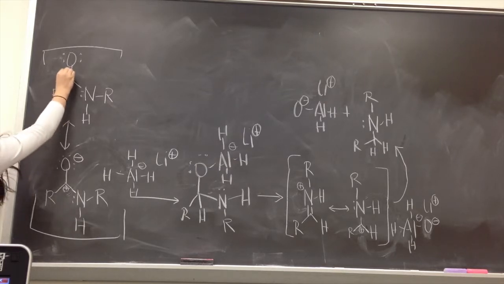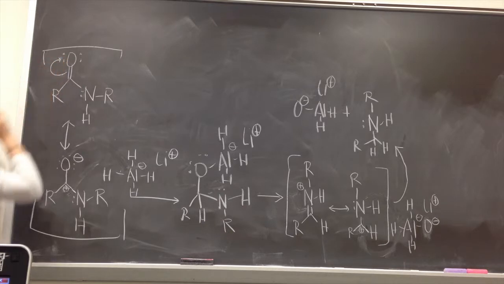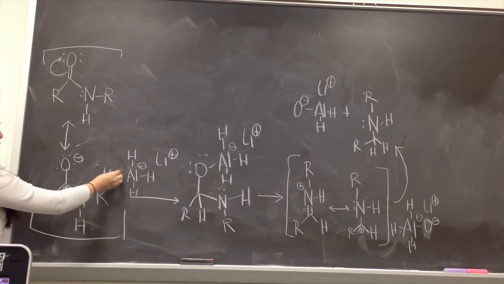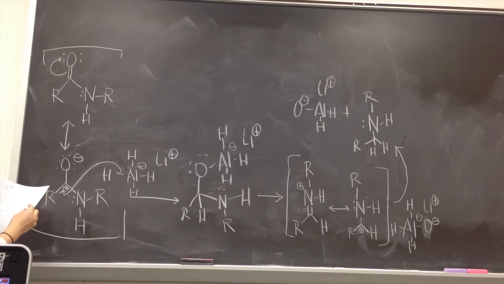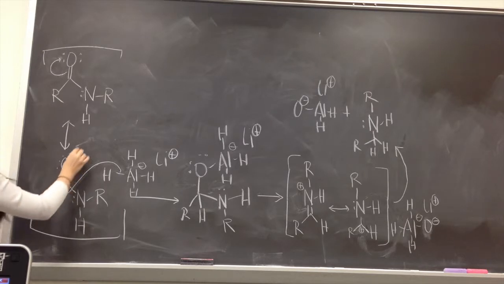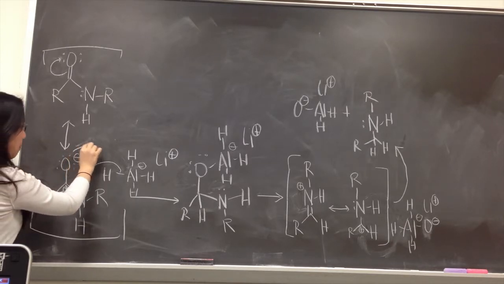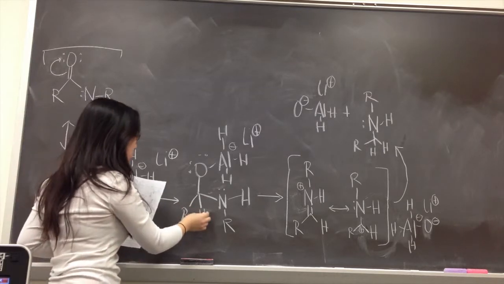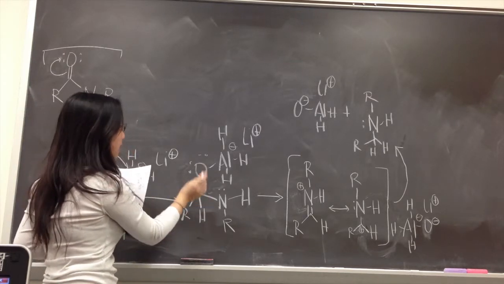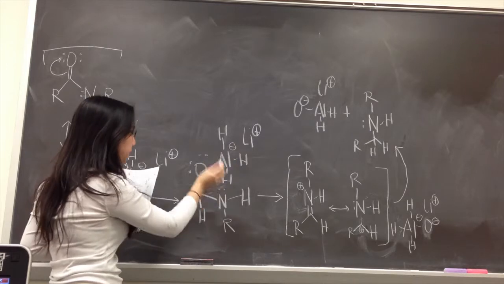If we push this bond onto the oxygen, we get a negatively charged oxygen and a carbocation. A hydrogen bond from LAH will come and bind to the carbocation, and the negatively charged oxygen will bind to the aluminum, resulting in the structure where hydrogen is bound to this carbon and oxygen is bound to the aluminum.